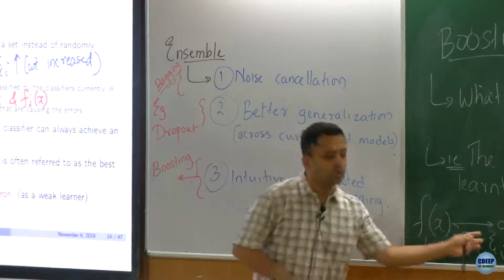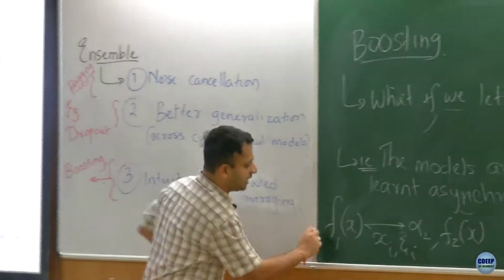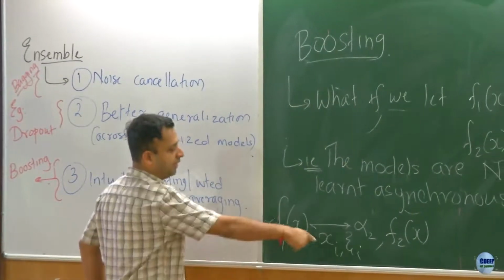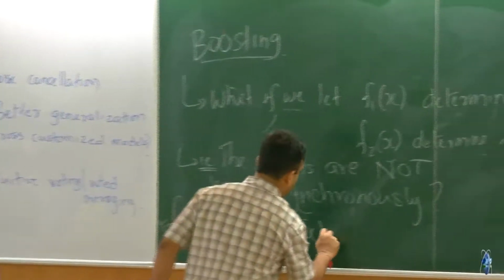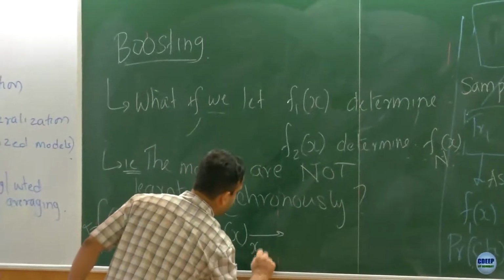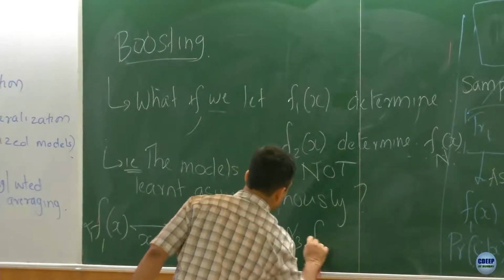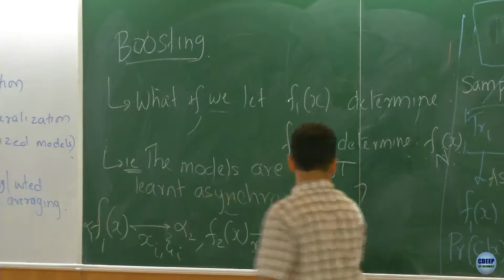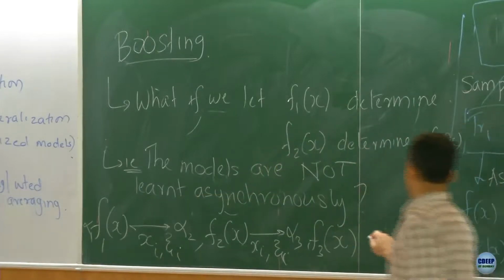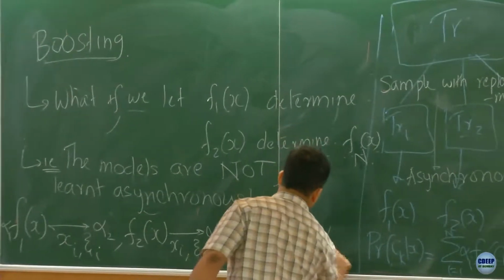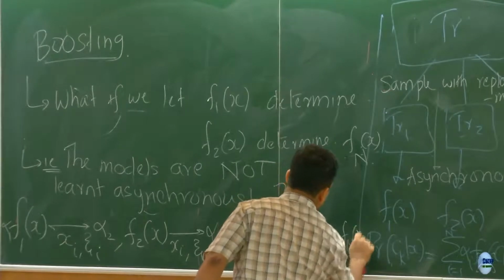So therefore alpha j is going to be used to determine my combination: alpha 1 f1(x), then the weights on xi, alpha 2 f2(x), then again you will have the weights reweighted, then you will have alpha 3 f3(x). This is the story, up to alpha n fn(x).